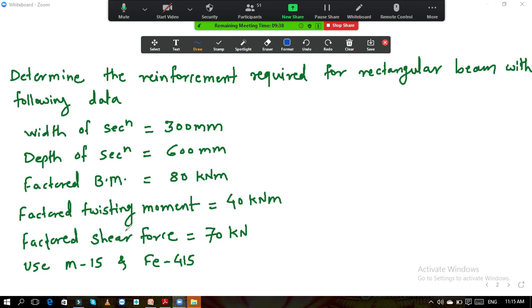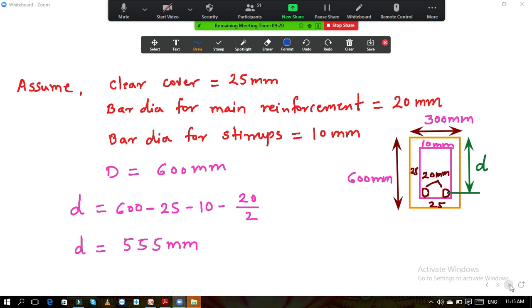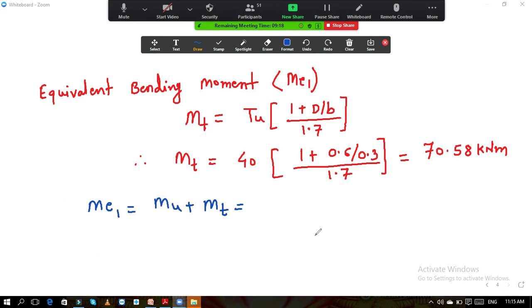The factored bending moment is 80 kilonewton meter. Factored bending moment is nothing but your Mu. So this is 80 plus 70.58. Now do the calculation. What is the answer?